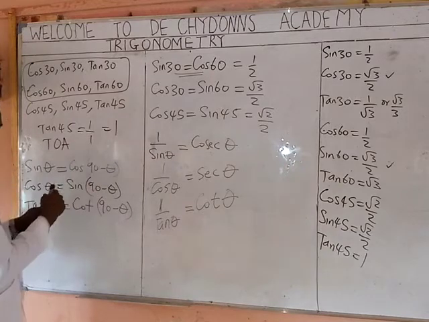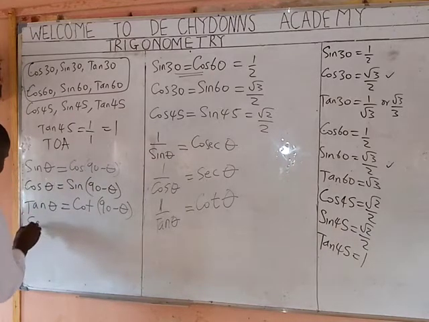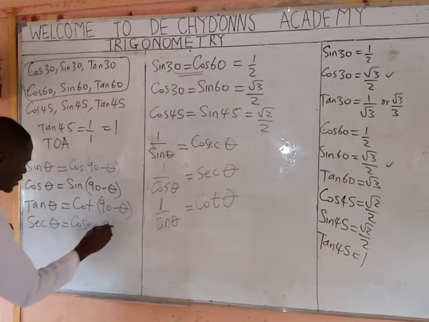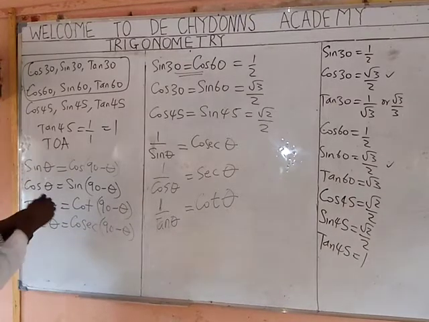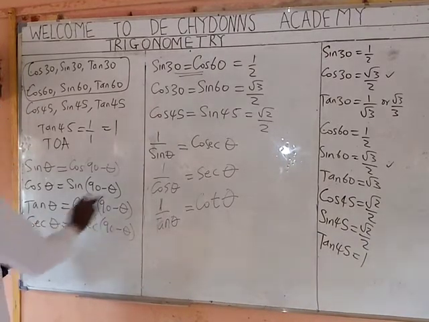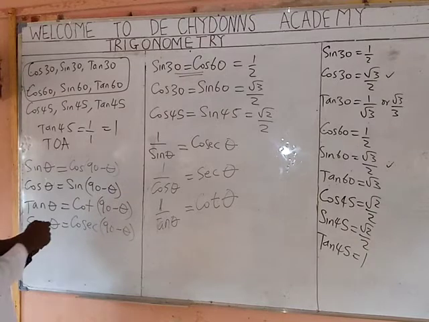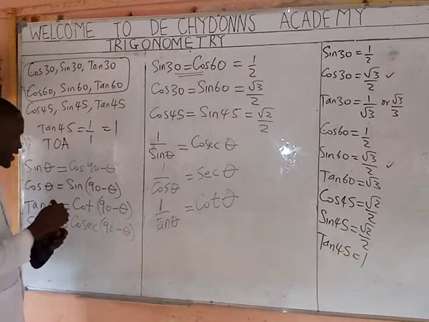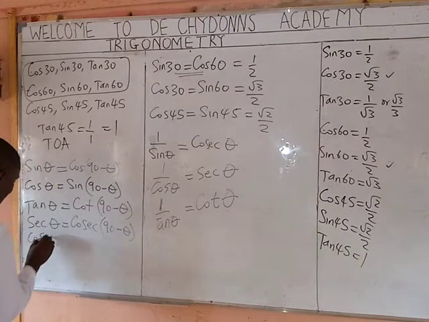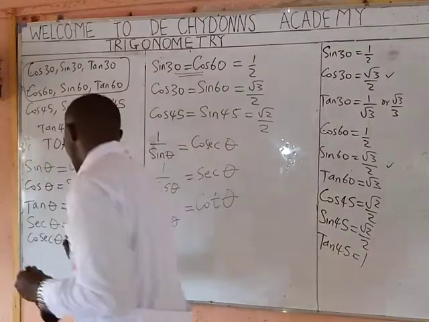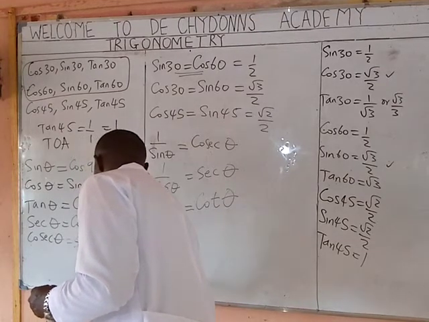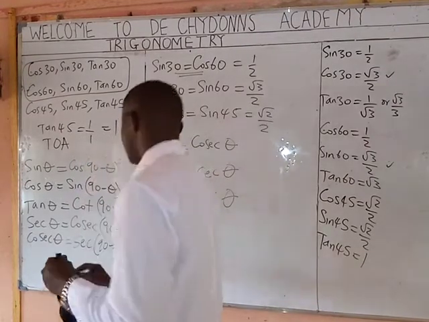Then we can also say that sec theta is equal to cosec 90 minus theta, because the inverse of this gives sec theta, and the inverse of this gives cosec theta. It still applies there. That also means that cosec theta is equal to sec 90 minus theta.